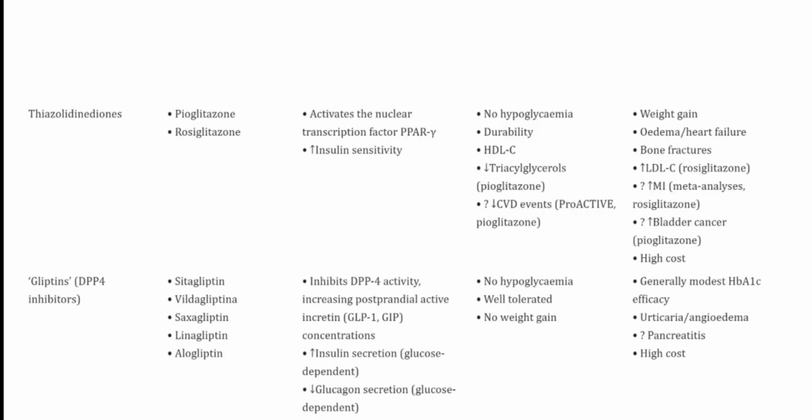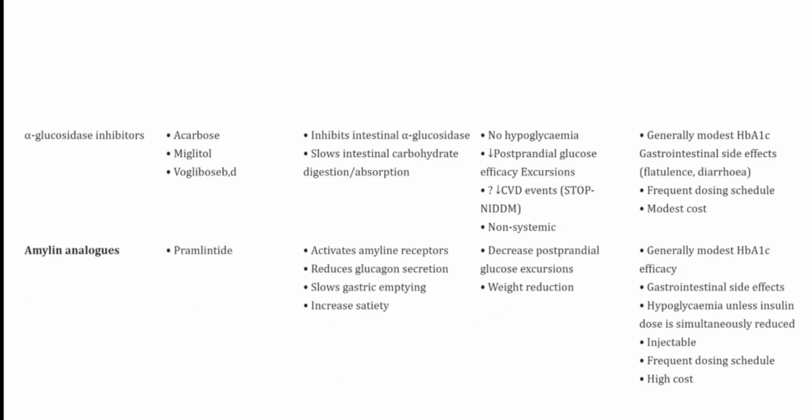They increase insulin secretion and reduce glucagon secretion. Advantages include they do not cause hypoglycemia, they are very well tolerated, and they do not cause weight gain. Side effects include generally modest HbA1c efficacy, urticaria, recurrent pancreatitis, and they are of high cost.